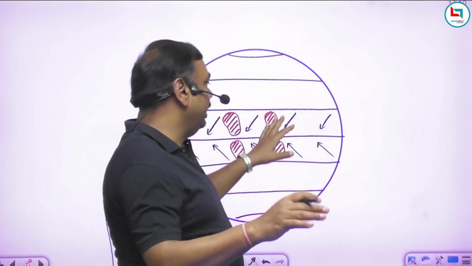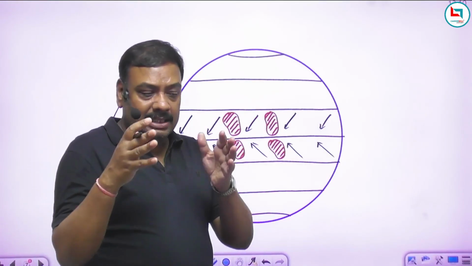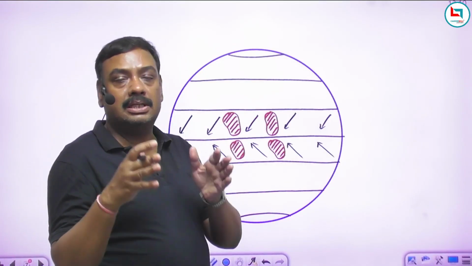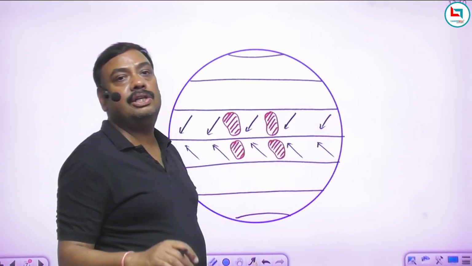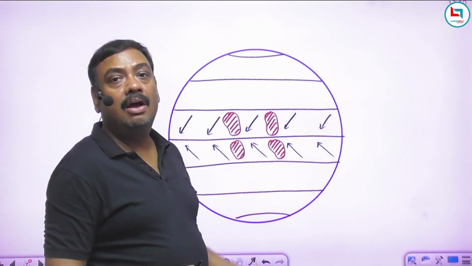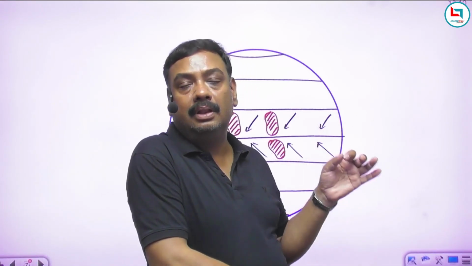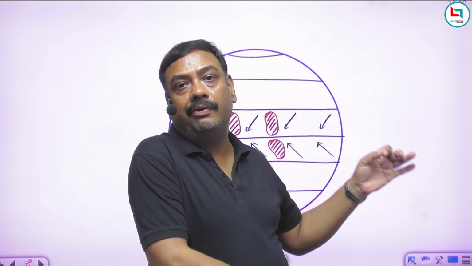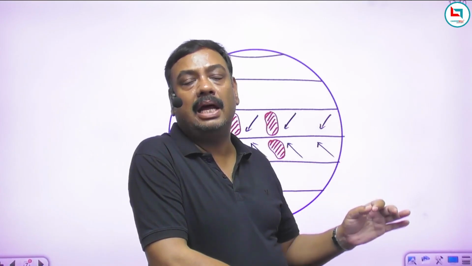So if the ocean water is receiving the solar radiation here, it gets heated up, and the surface water of the ocean is piled up here along the east coast of the continent. Why? Because of the impact of these onshore trade winds. For the eastern coast, these trade winds are onshore.